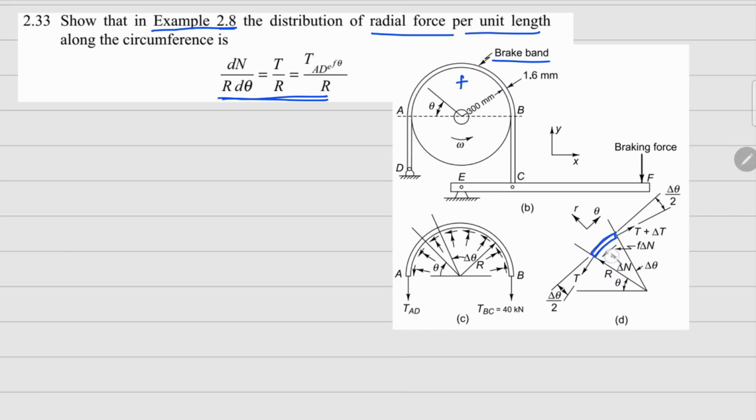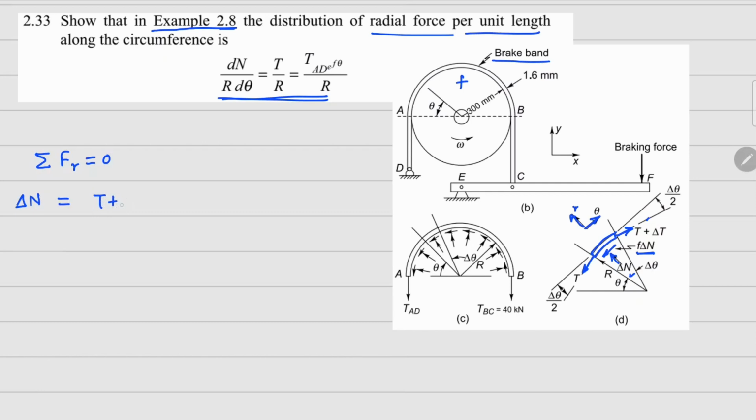on this are your normal reaction delta n here, your tension which is T plus delta T on this side, T on the other side, and there is this friction force which is F times delta n. So if you follow this coordinate system r and theta, and if I do the force balance in the r direction, here we will get this delta n going outwards, which will be balanced by these two tension forces and their sine components.